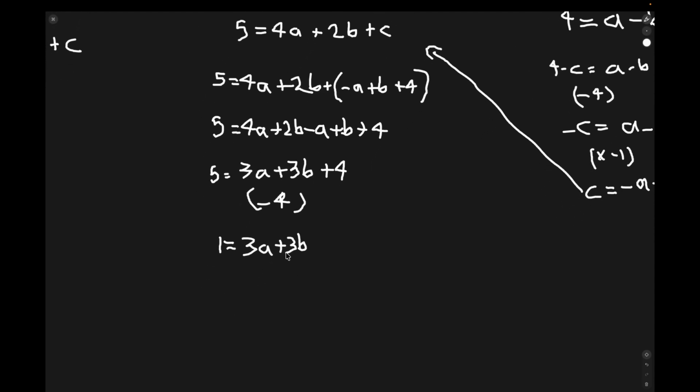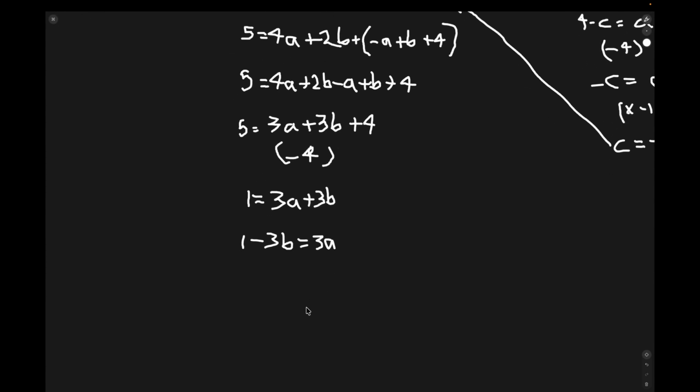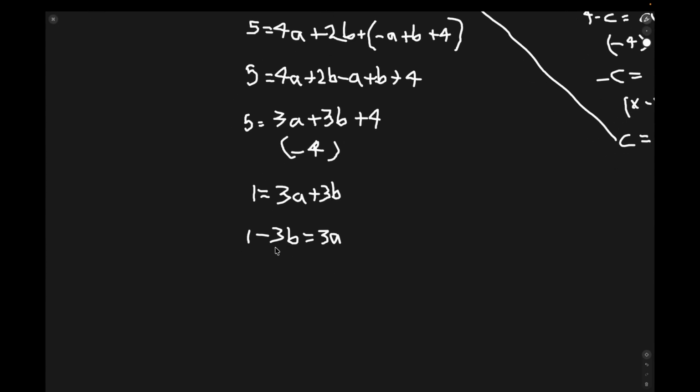So now let's rearrange for b on this side. So 1 minus 3b is equal to 3a. And then we're going to minus 1 from both sides, so we get negative 3b equals 3a minus 1.